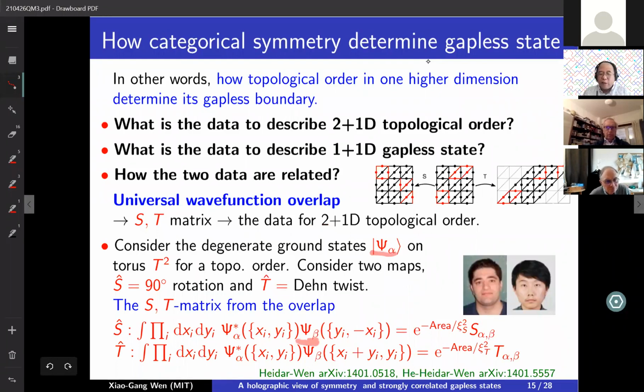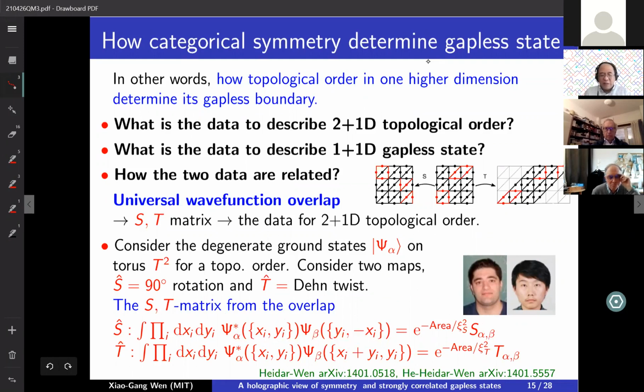Then we can consider this kind of overlap, where we do a 90-degree rotation. So we have a wave function alpha, and we overlap it with another wave function rotated by 90 degrees.